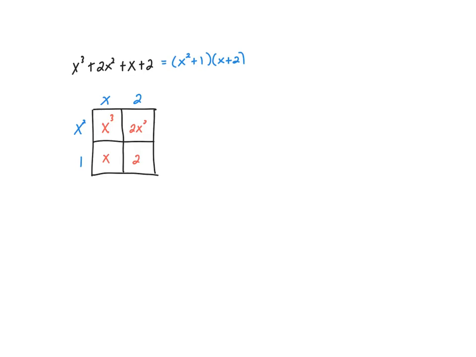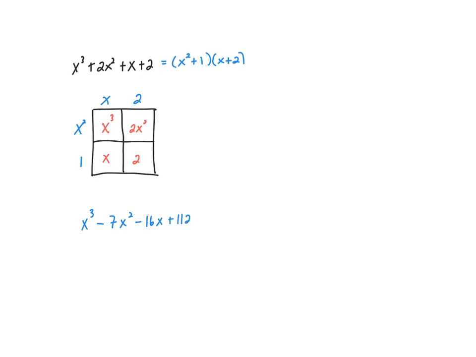All right, here's example number 2. x to the third minus 7x squared minus 16x plus 112.